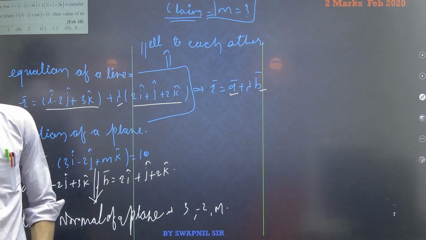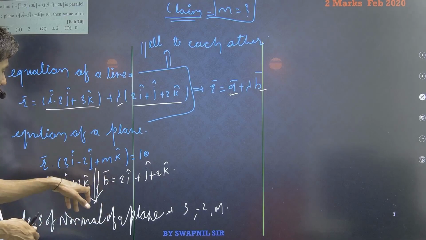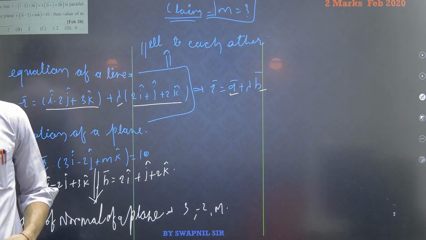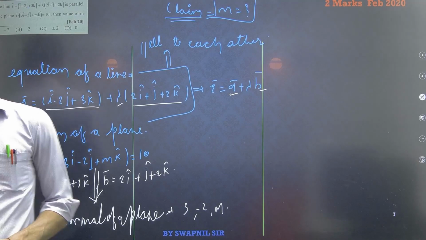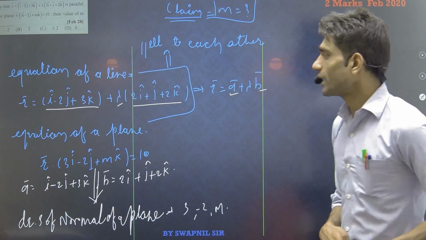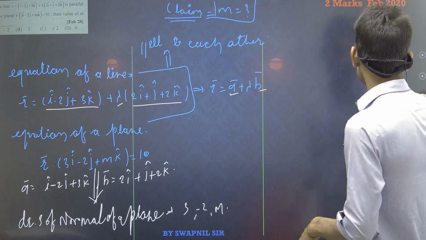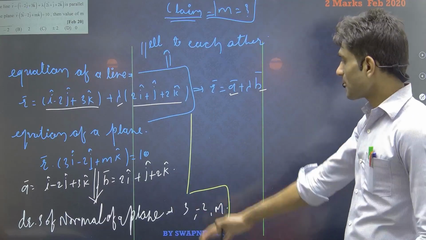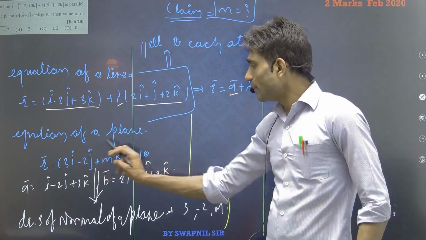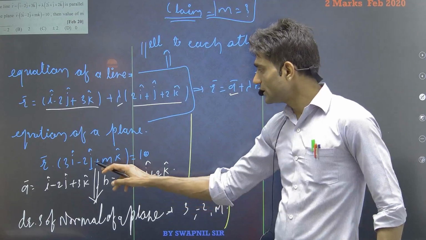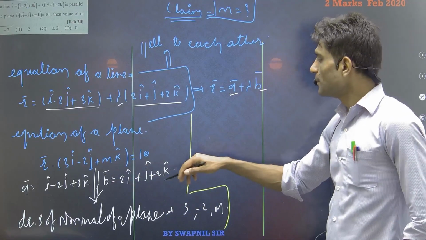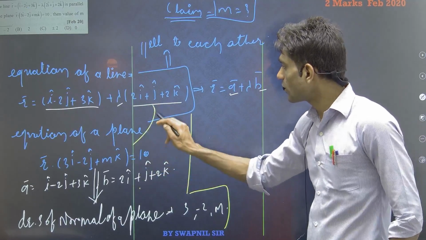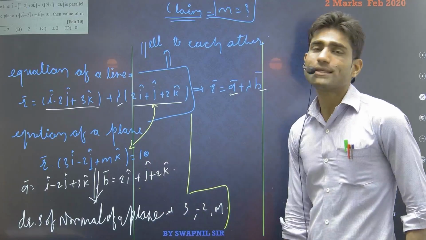Why are we taking the dot product as 0? Let me explain. We see that r bar dot n bar equals some constant. So this n bar has to be dotted with b bar, lambda times b bar, and if we take their dot product, it always gives us the value 0.